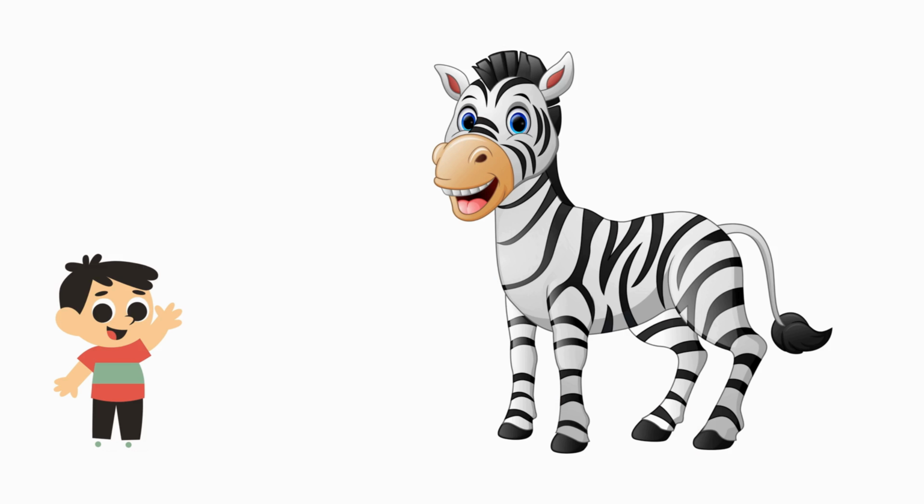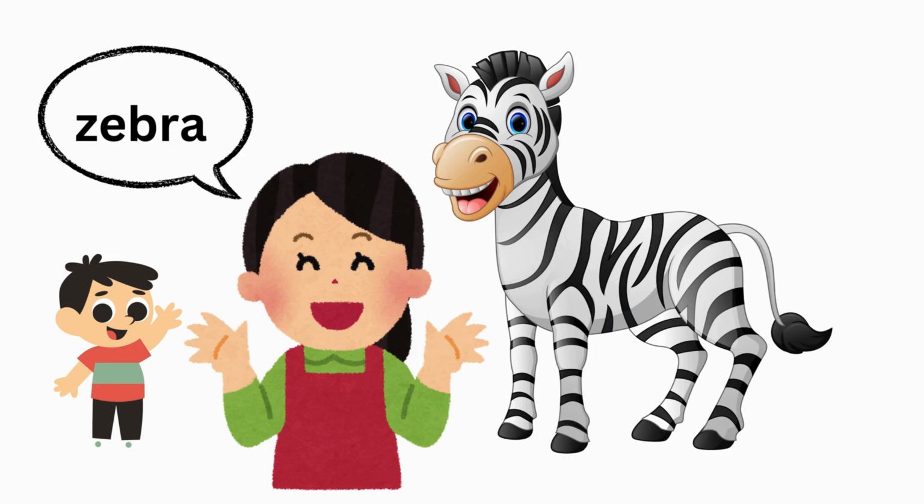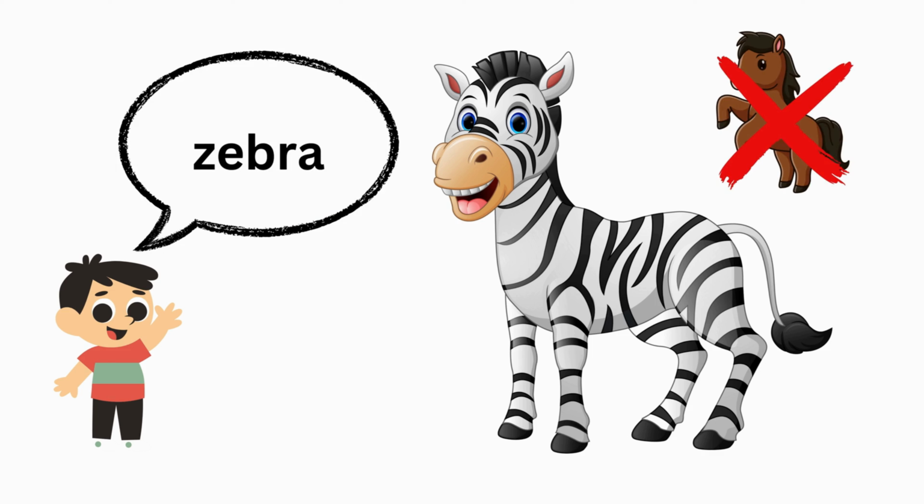When a child sees a zebra for the first time and calls it a horse, this is assimilation. When corrected, the child learns that a zebra is a different animal and adjusts his understanding. This is accommodation.